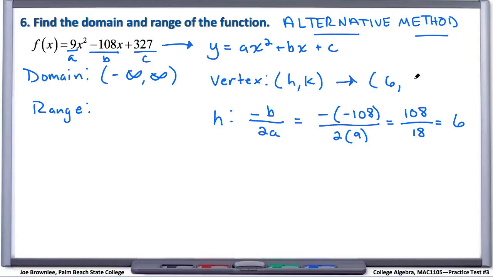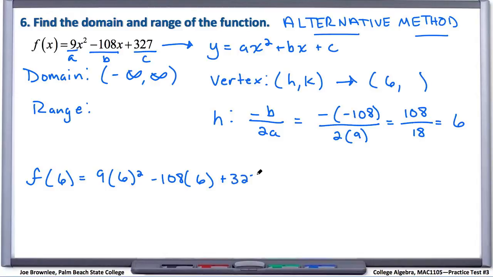To find the corresponding k for the vertex, what we have to do is take this value h, plug it into our function wherever we see an x, and then evaluate. So we're going to be finding f of 6, which means we'll have 9 times 6 squared minus 108 times 6 plus 327. All right, let's see. Well, this is 9 times, and 6 squared is 36.